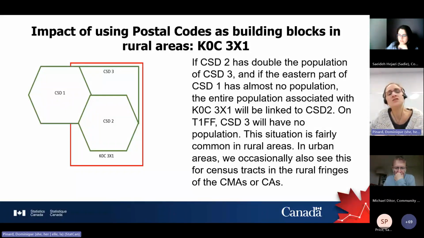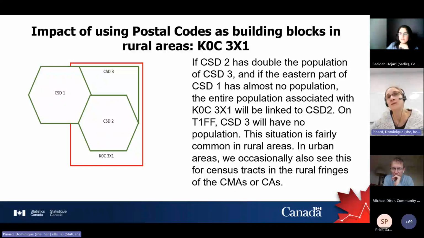These challenges with postal codes traveling across multiple regions are more impactful at lower levels of geography, such as CSDs and census tracts, less so at the economic region level or at the census division level. So the challenges are really when we go into lower levels of geography.